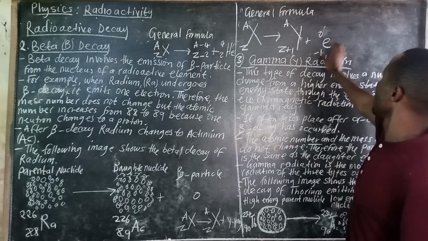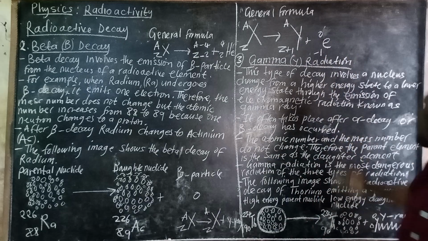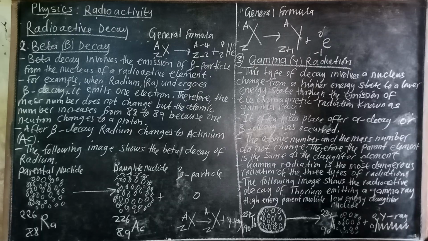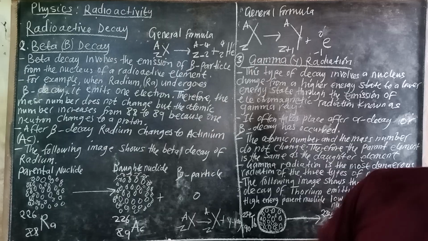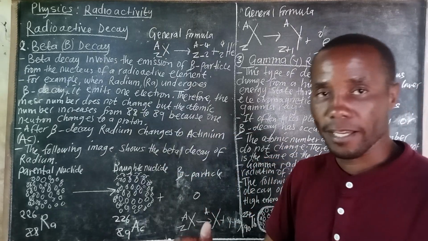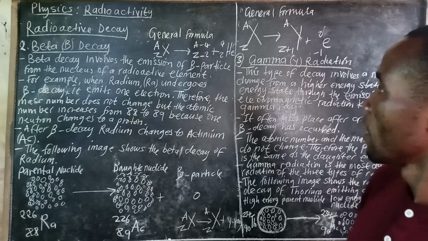Then plus the electron, with charge -1 and mass number 0. So that is beta decay, and that is the difference between the three types of decay we have.